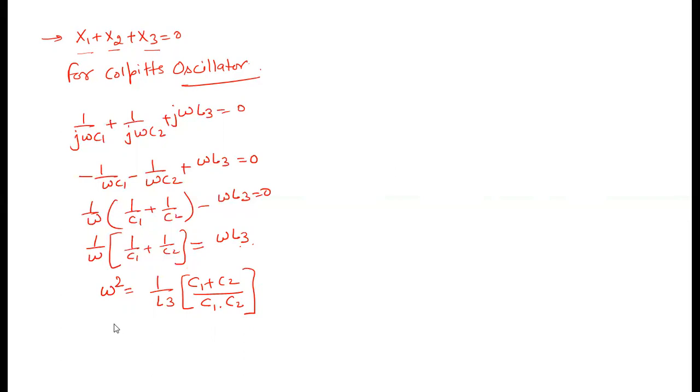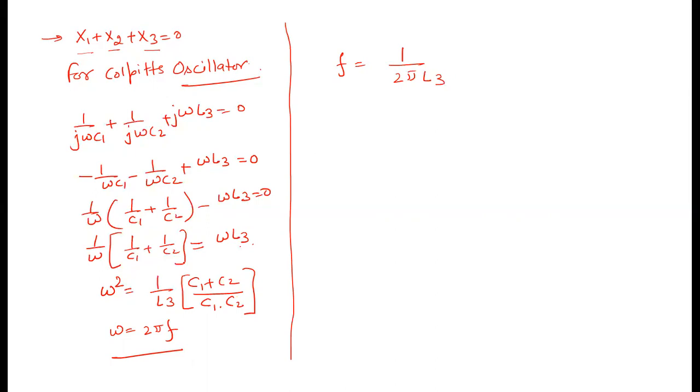Since omega is equal to 2 pi f, we can write f is equal to 1 upon 2 pi square root of L3 into C1 plus C2 divided by C1 C2. And this is equal to C equivalent.